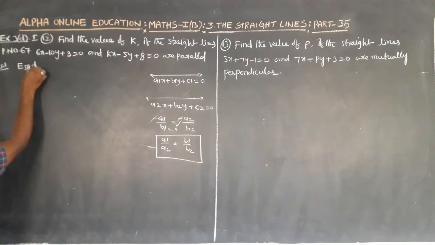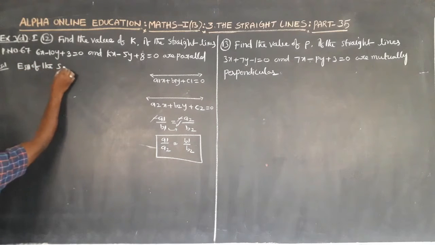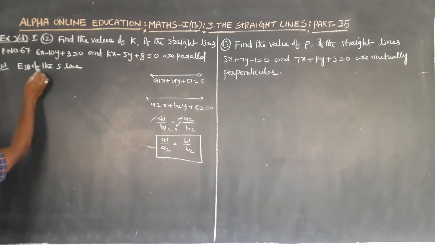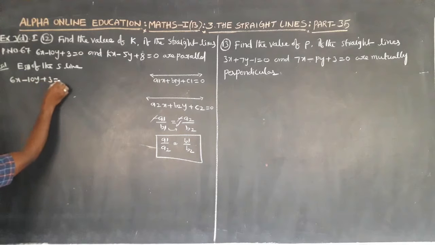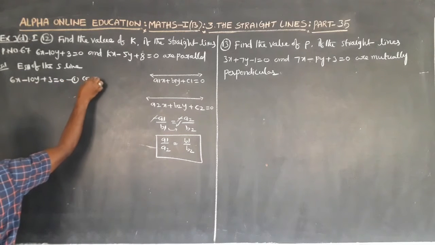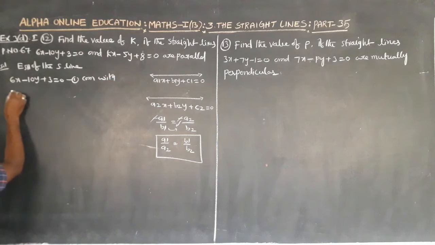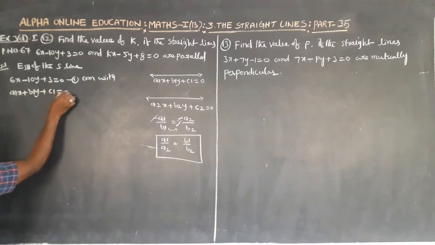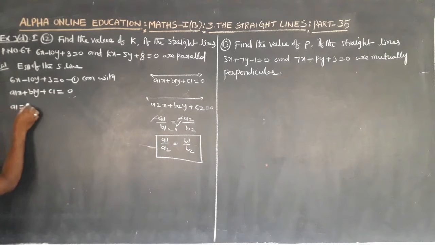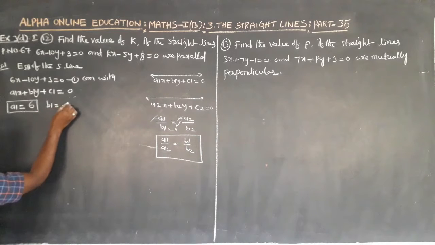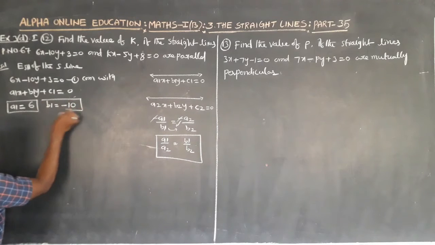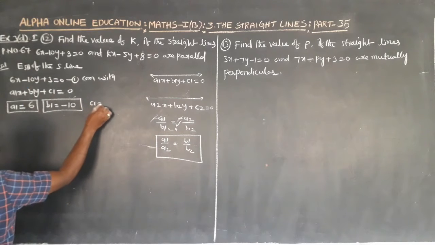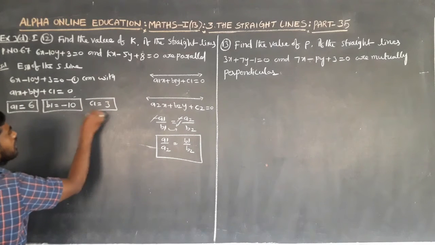Equation of the straight line. First one is 6x minus 10y plus 3 is equal to 0. Comparing with a1x plus b1y plus c1 is equal to 0, a1 is equal to 6, b1 is equal to minus 10, c1 is equal to 3.